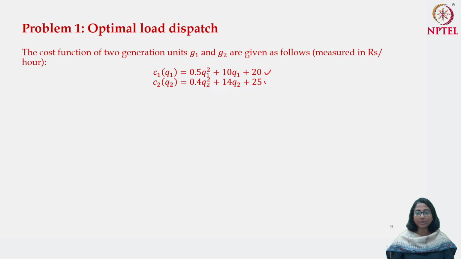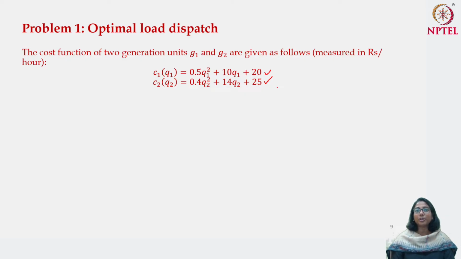The cost function of the second generation unit is given by 0.4 Q2 square plus 14 Q2 plus 25. You can quickly do some calculation in order to see what is the shape of marginal cost, what is the shape of average cost, what is the shape of average variable cost, what is the average fixed cost, and so on.